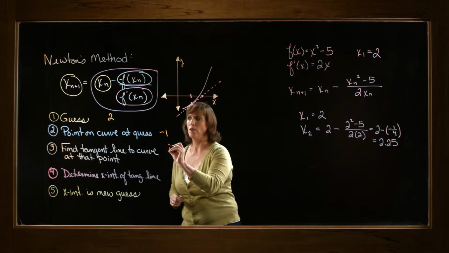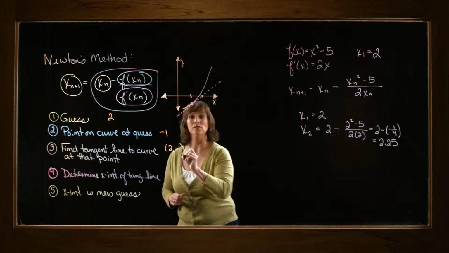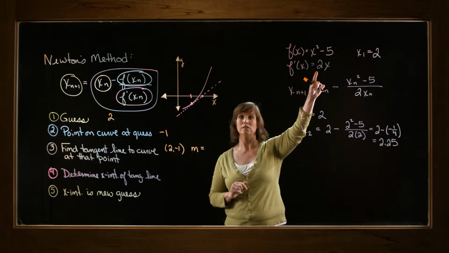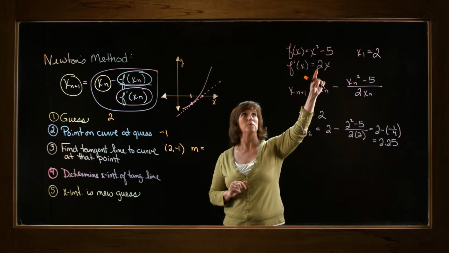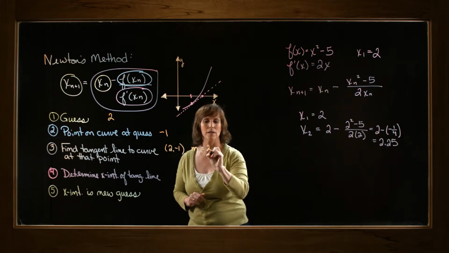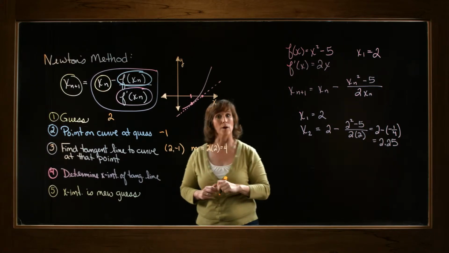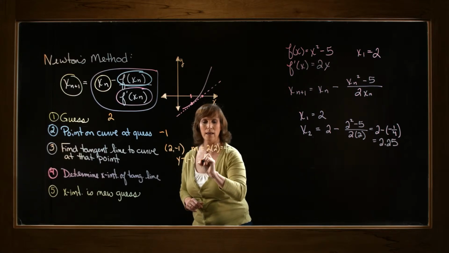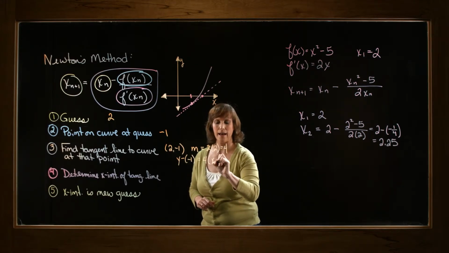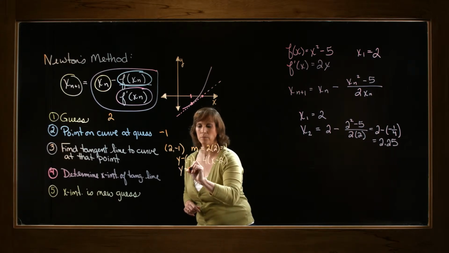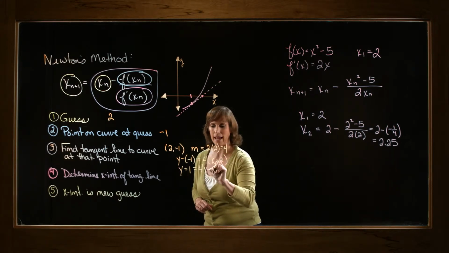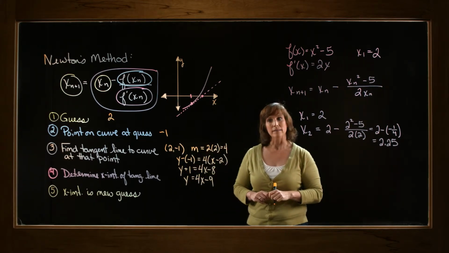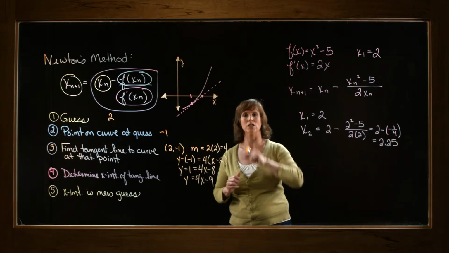I know the point (2, negative 1) is on my curve, and the slope of the tangent line, the derivative, is 2 times 2, which is 4. So the equation of my line is y minus negative 1 equals 4 times the quantity x minus 2. So y plus 1 equals 4x minus 8, and y equals 4x minus 9. That's the equation of my tangent line.